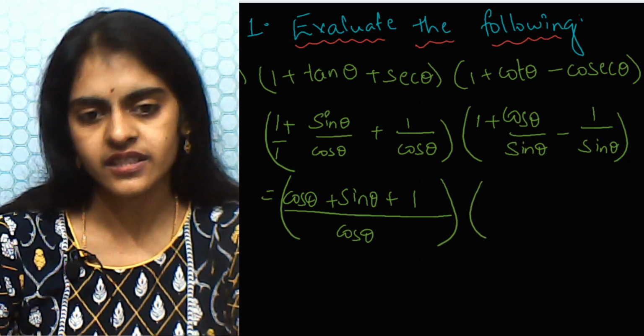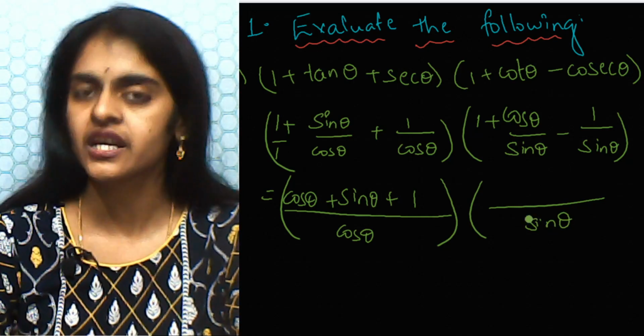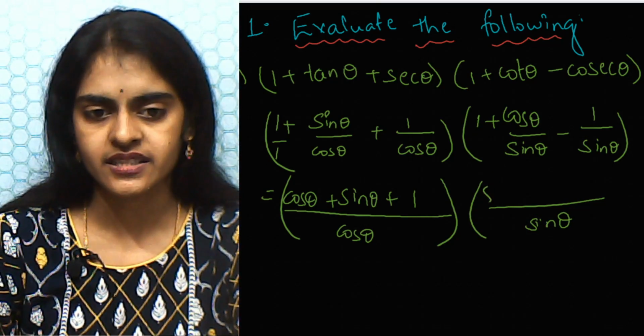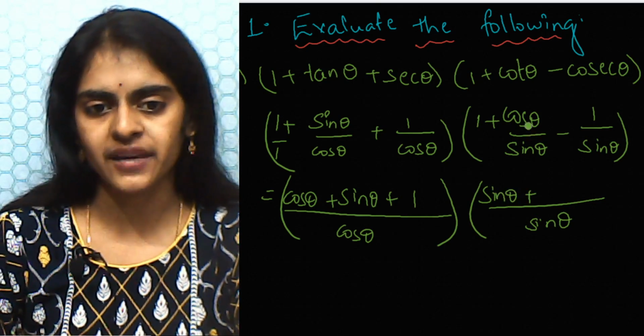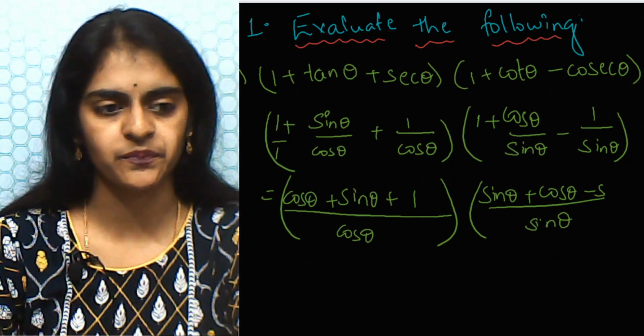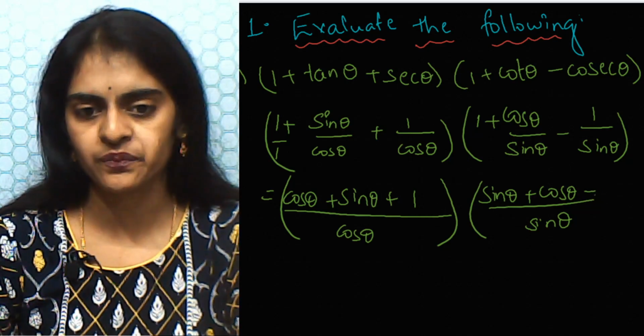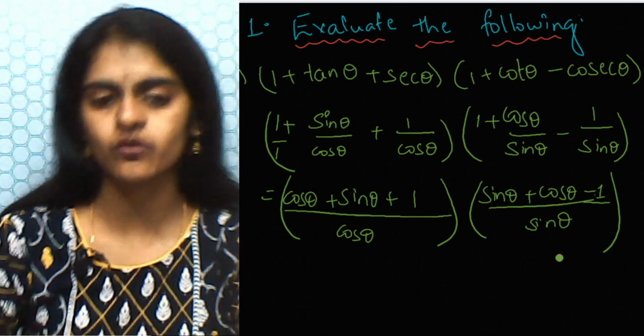And here also similarly taking LCM, here you have sin theta in the denominator, so you have sin theta plus cos theta minus 1. So after taking LCM, this is what you get.